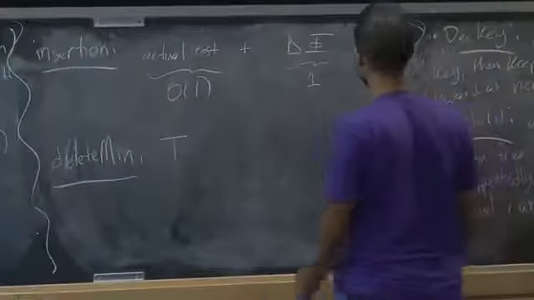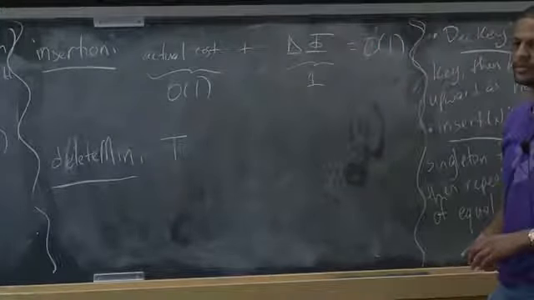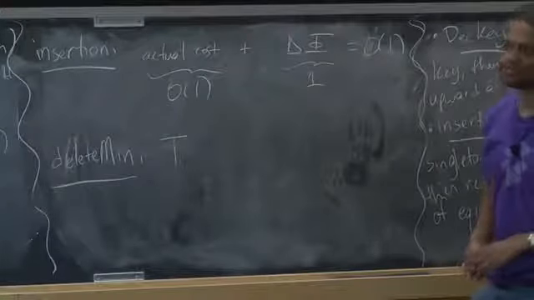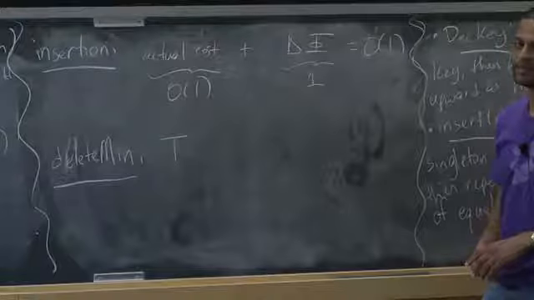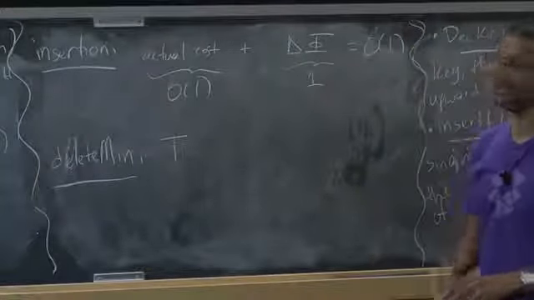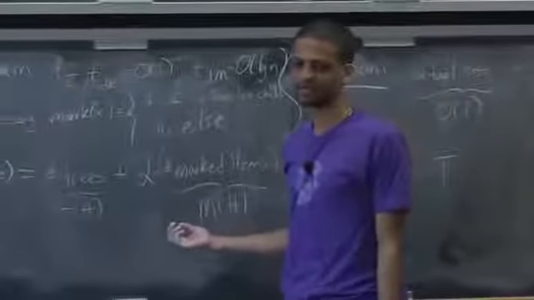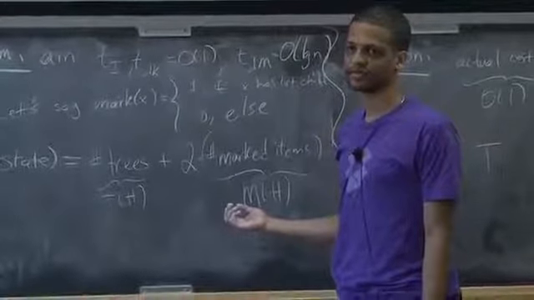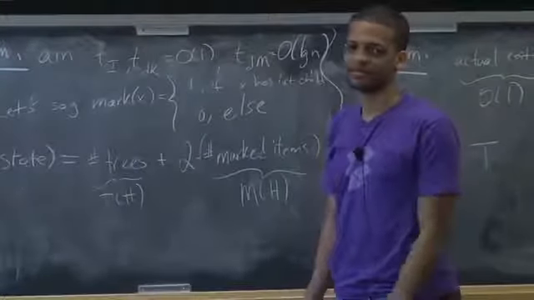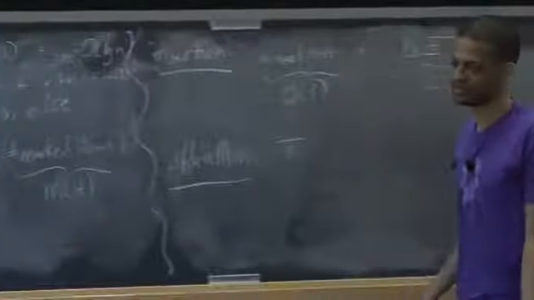Good. So what's now the difference in potential? The number of marked items, how much did that change by? Almost zero. The guy we just deleted might have been marked.